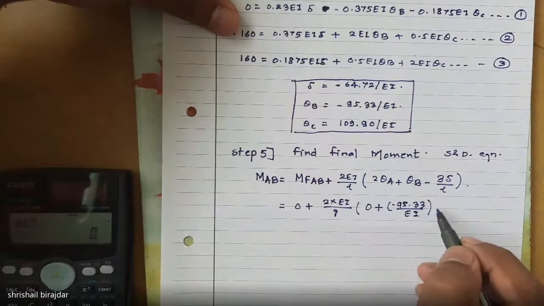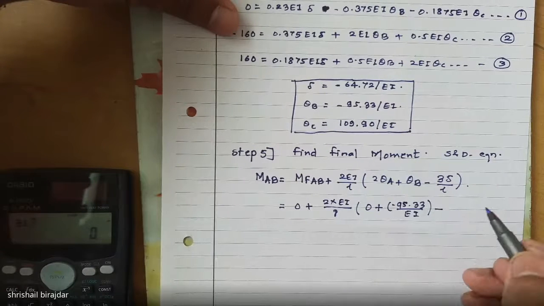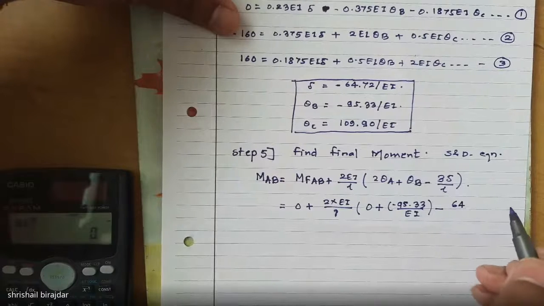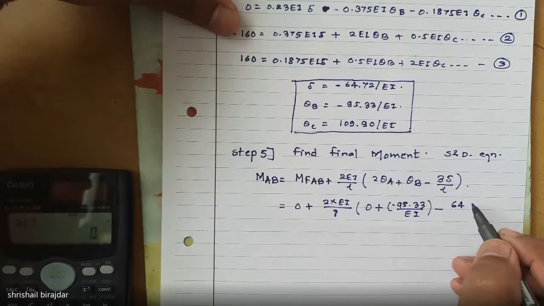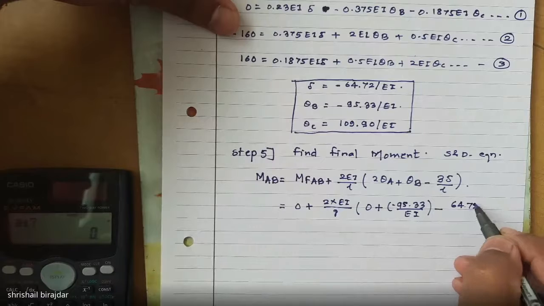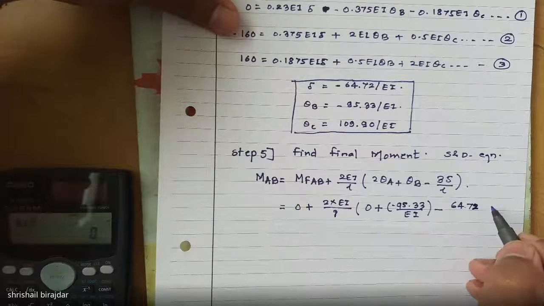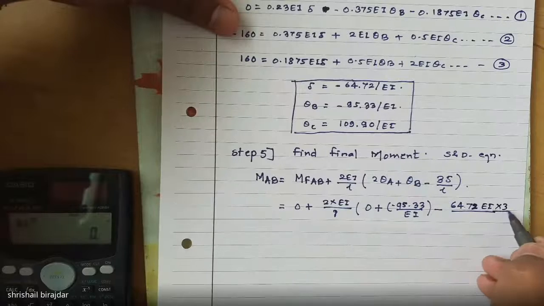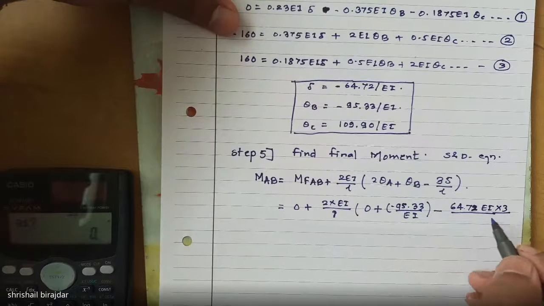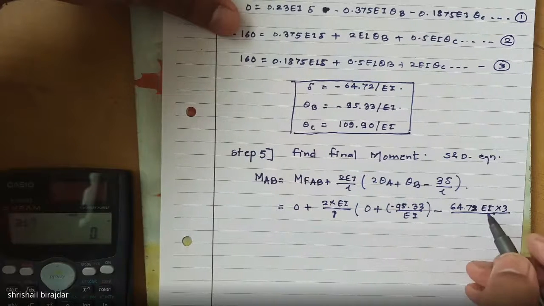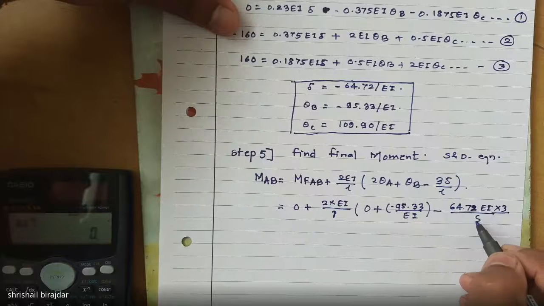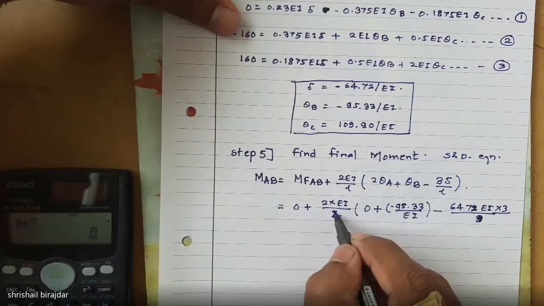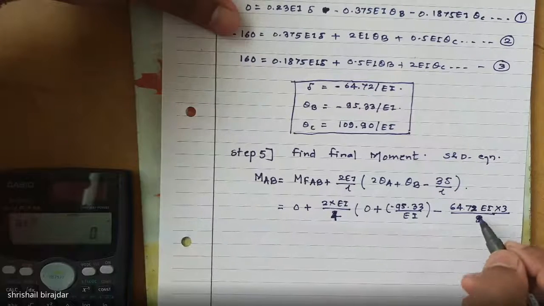Here delta is also present, that is 64.72 by EI, multiplied by 3 divided by L. How much is it? 8. Sorry, 4. For AB, not 8, here 4.